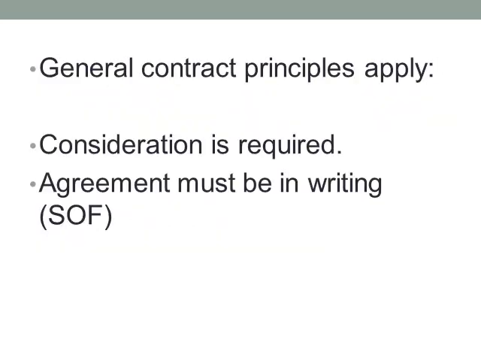So with these agreements, our general contract principles apply. The two main ones are consideration and that an agreement must be in writing. We have to have consideration in order for there to be a valid contract.